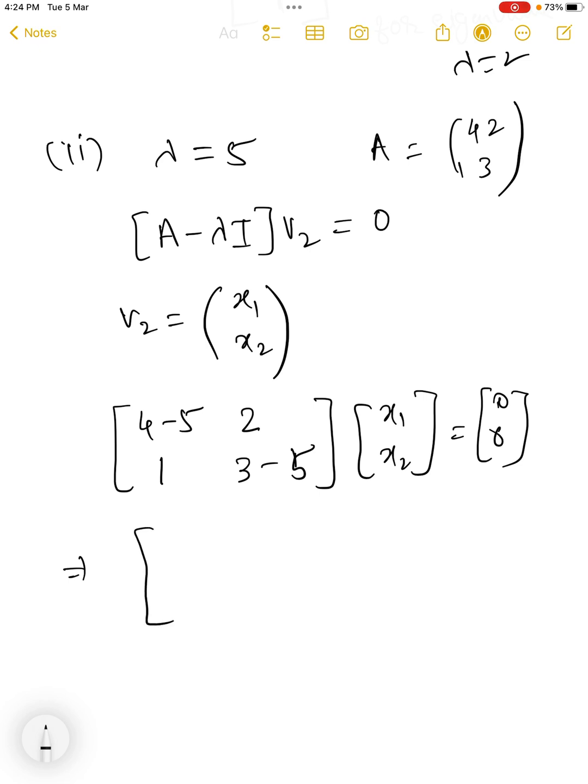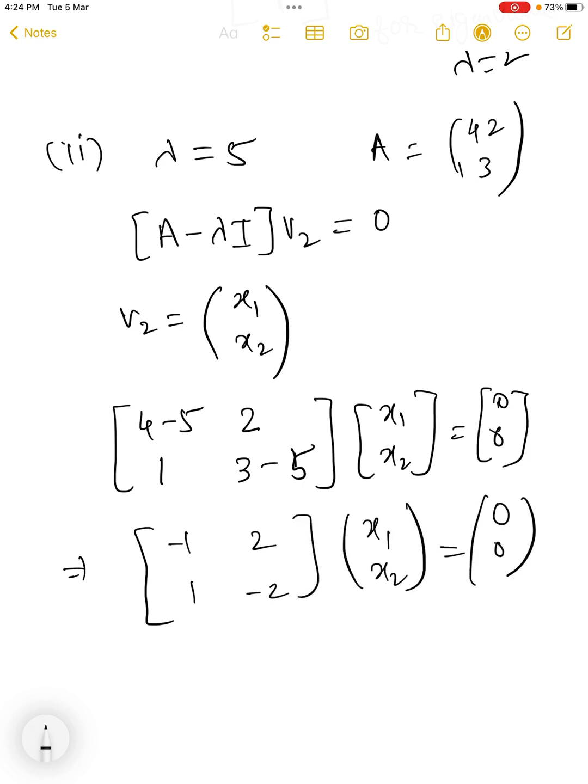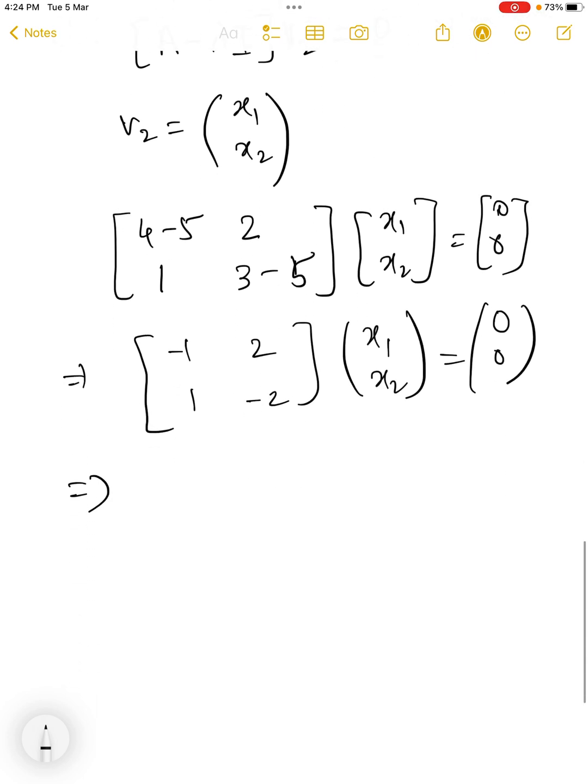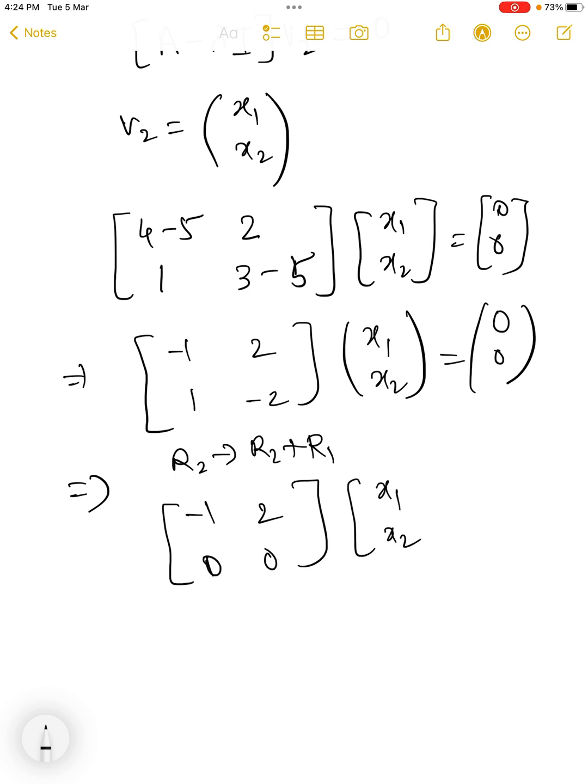Next task is reducing this matrix: [minus 1 2; 1 minus 2] times [x1, x2] equal to [0, 0]. We do R2 plus R1, so we get R2 as [0 0], and the matrix is [minus 1 2; 0 0] times [x1, x2] equal to [0, 0].